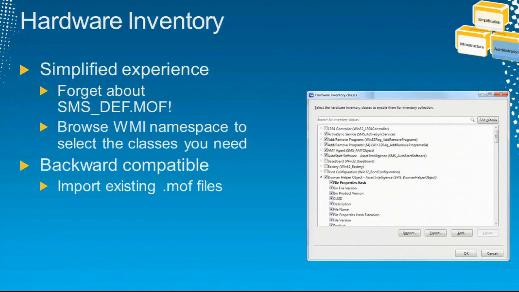And you're allowed to import an existing def mof, so if you have your existing def mof with all your customizations in it, you can import that into your SMS def mof configuration, and then we'll import your settings. You can also browse the WMI classes directly and add them into your mof file as well.